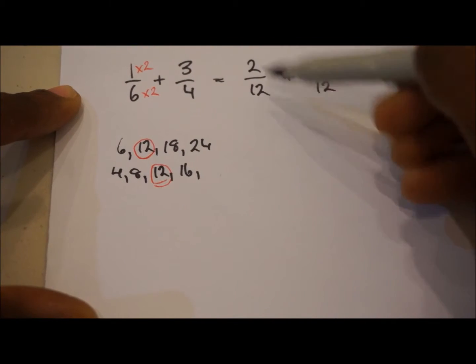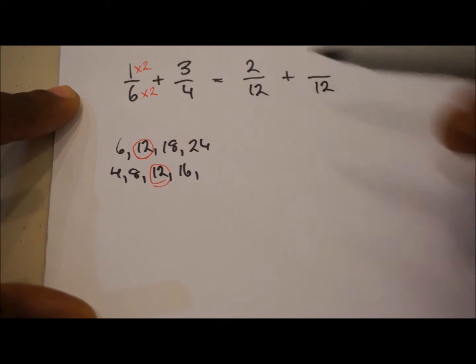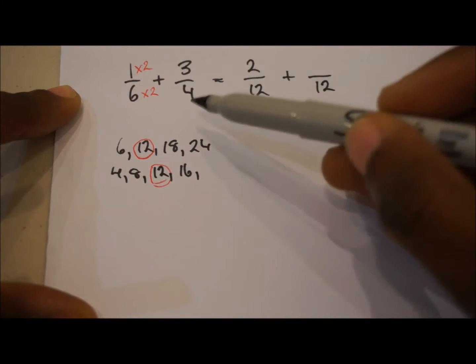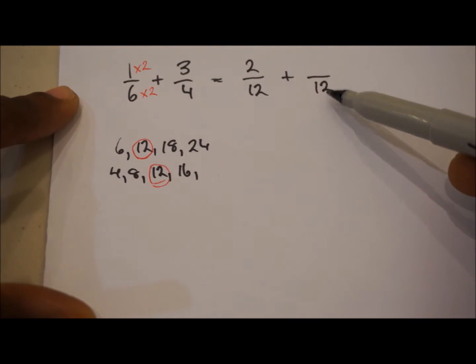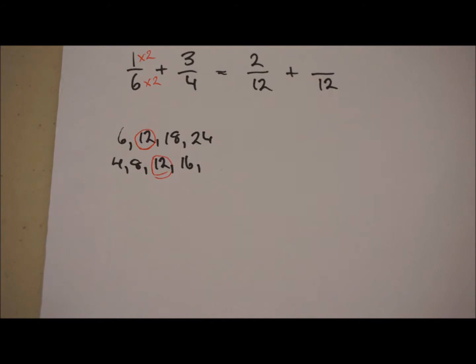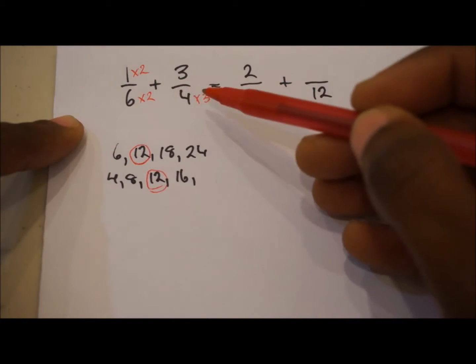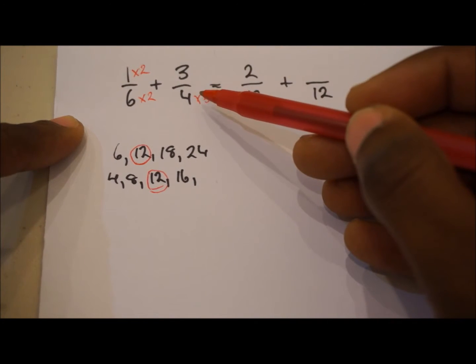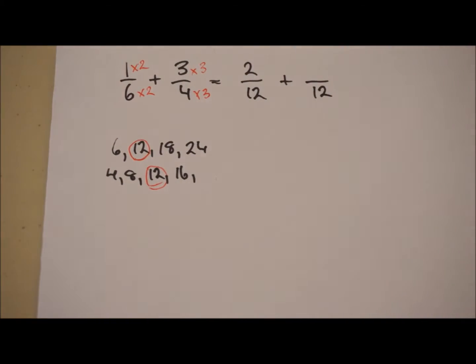Recognize 2 over 12 is the same thing as 1 over 6. It just has a denominator of 12 now. The same thing happens over here. I ask myself, what do I need to multiply my 4 by in order to get 12? 4 needs to be multiplied by 3. If I multiply my denominator by 3 to get my equivalent fraction, I must multiply the numerator by the same 3.